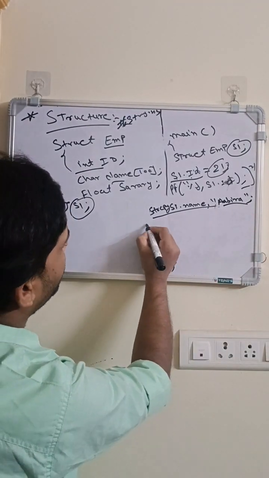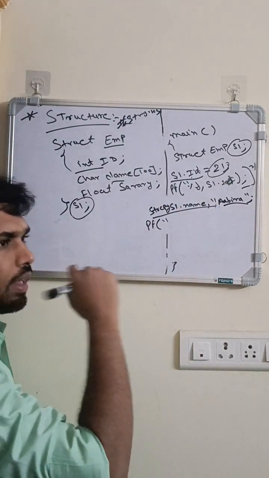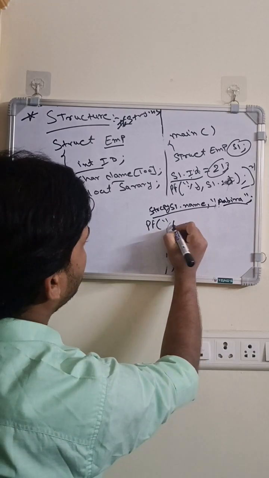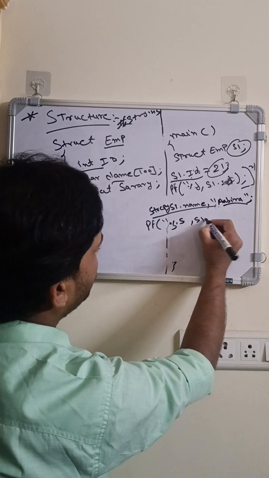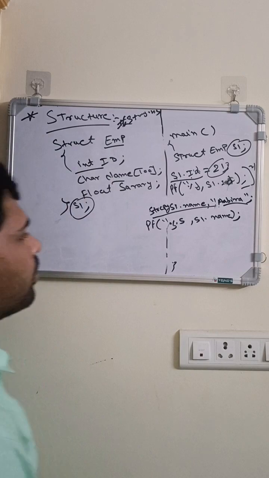Now the same thing we have to print: printf. For a string we use percentage s, then s1 dot name. Like that we can access the name also.